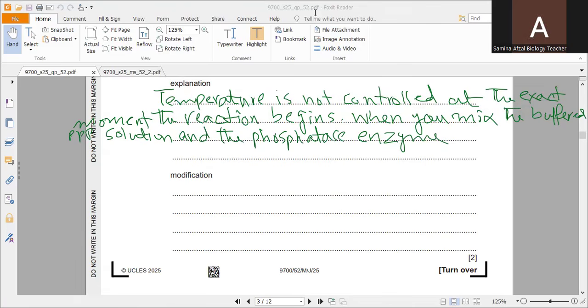Buffer solution and phosphatase enzyme are at room temperature.